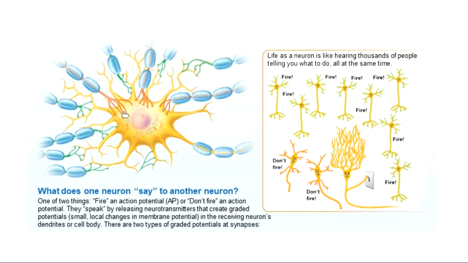So really, when we're talking about messages, it's either are you sending your excitatory message or are you not sending your message? Or for these guys shown in red, are you sending an inhibitory message, or are you not sending any message at all? So neurons are kind of committed, unfortunately for them, because that would get boring. They're committed to either always sending an excitatory message or always sending an inhibitory message. It's just a matter of, are you turned on or are you turned off? It's always the same kind of message.